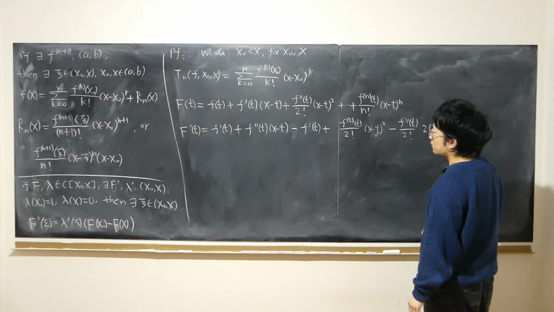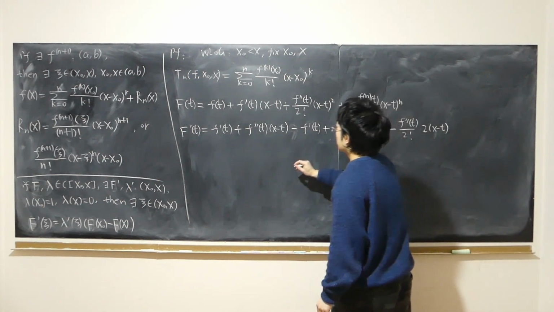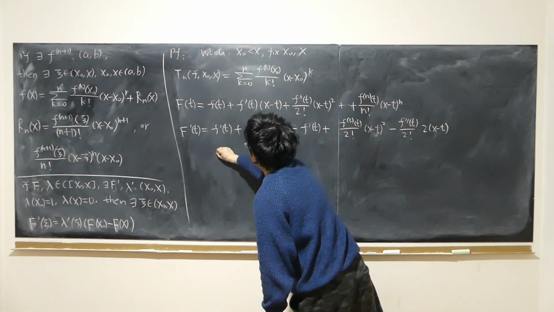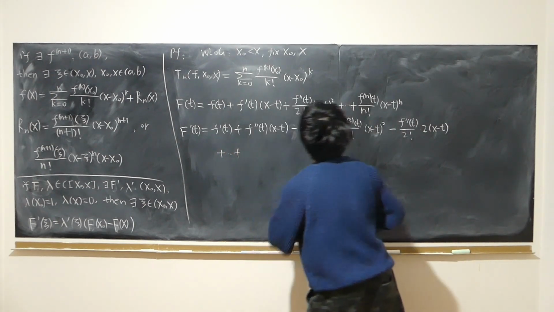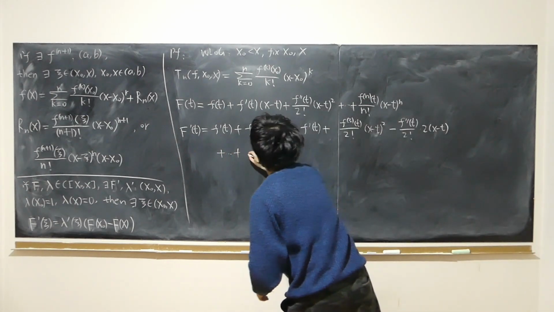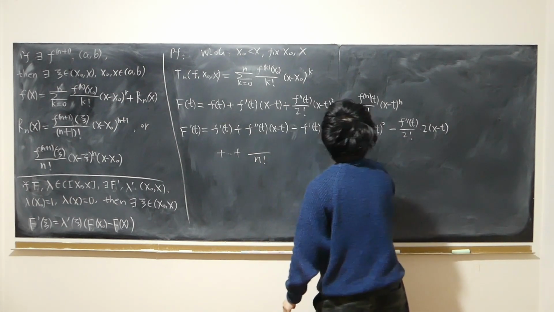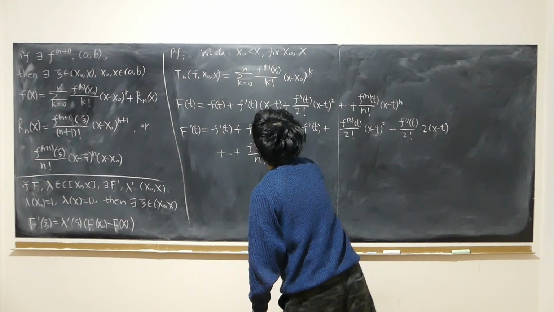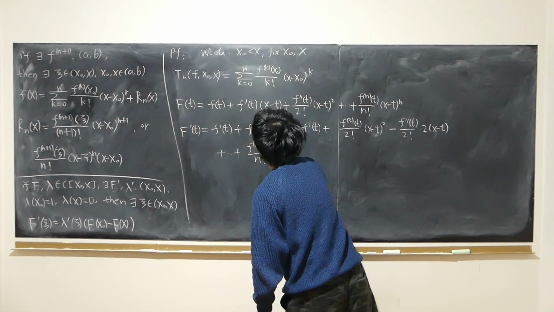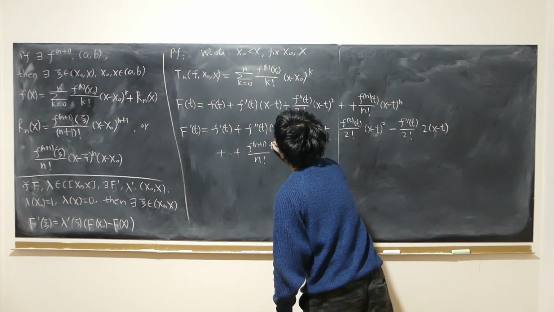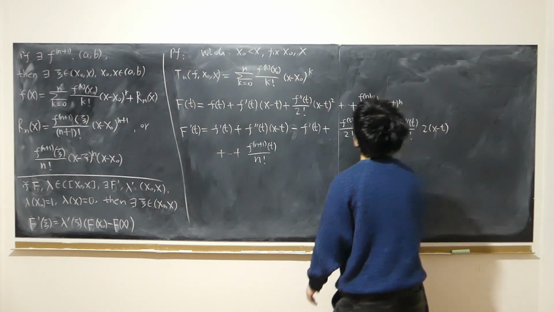So in the end, we have so on and so forth. Right, the last one, likewise, differentiate the first one: the n plus 1 order derivative at t over n factorial, right?